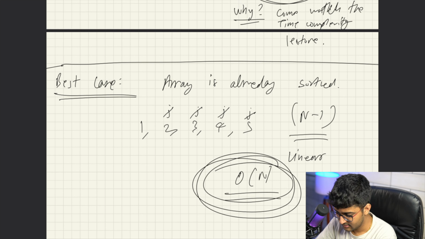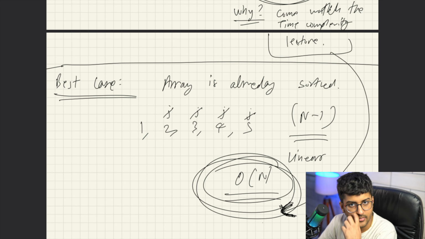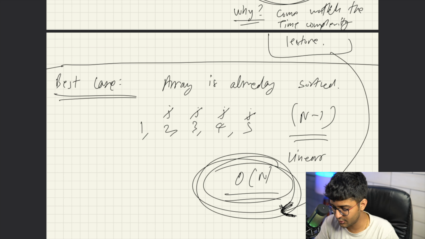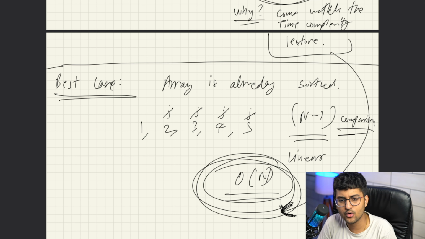Again, same thing applies over here also. We will cover what is linear complexity, what is big O notation. For now, you can say it will at max make this total number of comparisons. To give you a bit of understanding, we covered it in binary search, but let's say you have an array of size 1000.